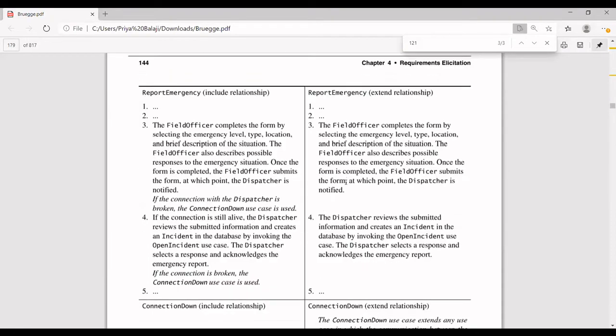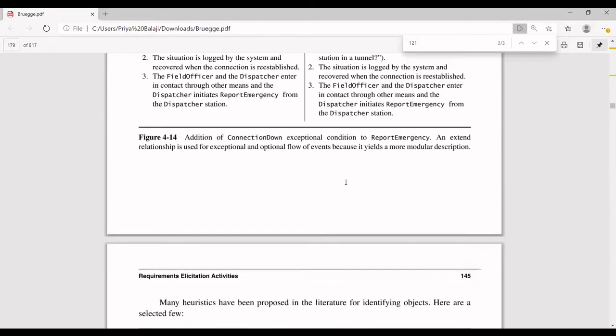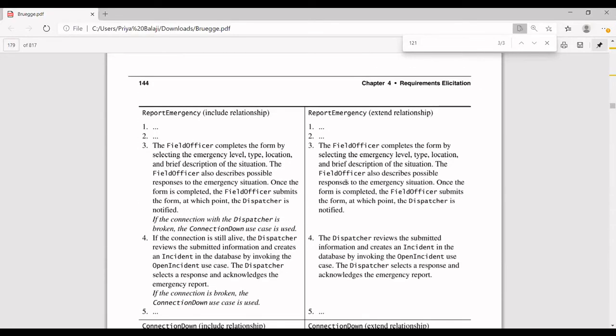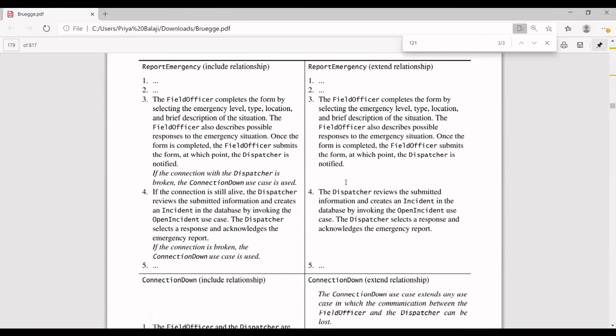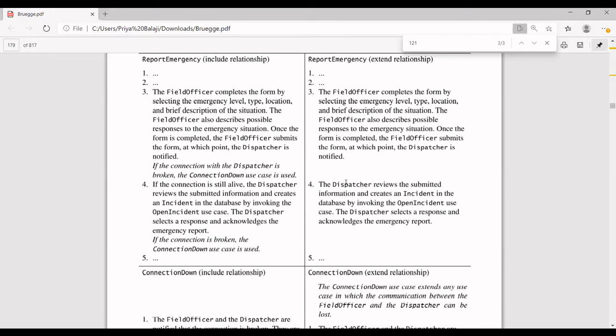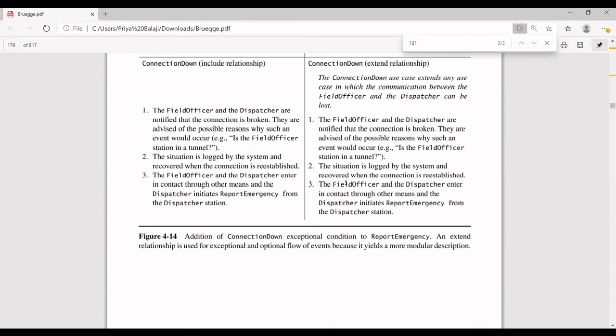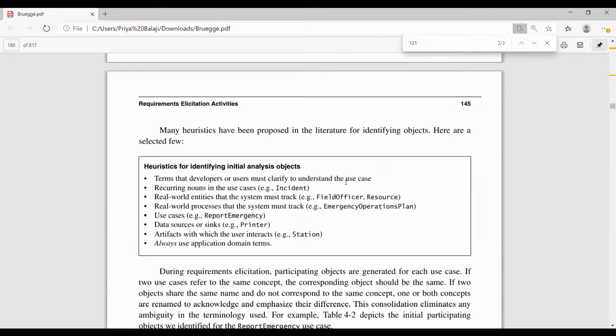Here they have given a simple example over include relationship and extend relationship, where you have to use it and where you don't want to use it.